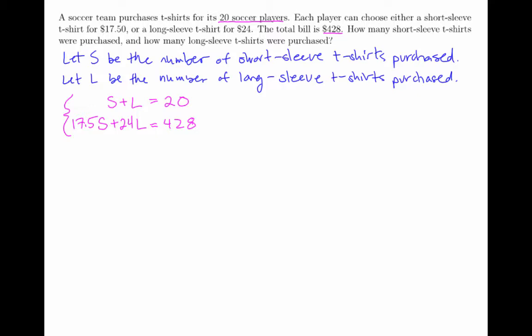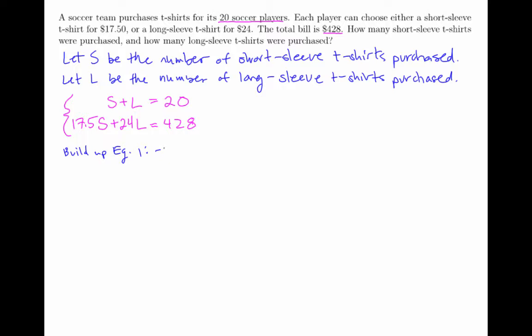So we have 17.5s and 24L in our second equation, and that first equation has just s and L. So we will build up equation 1 so that after we add the left-hand side and the right-hand side, one of our variables is eliminated. We can choose whether we build this first equation to have negative 17.5s or negative 24L. We'll choose negative 24L simply because fewer decimals will probably be easier to solve with.